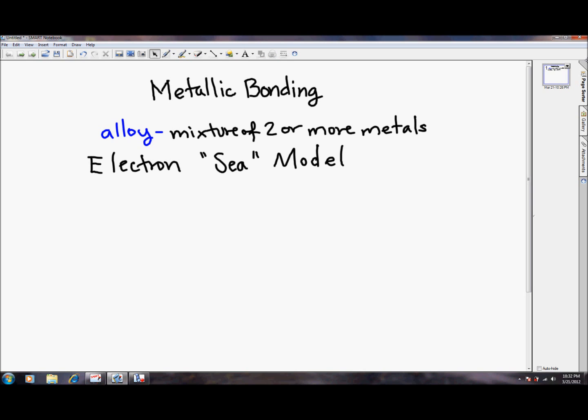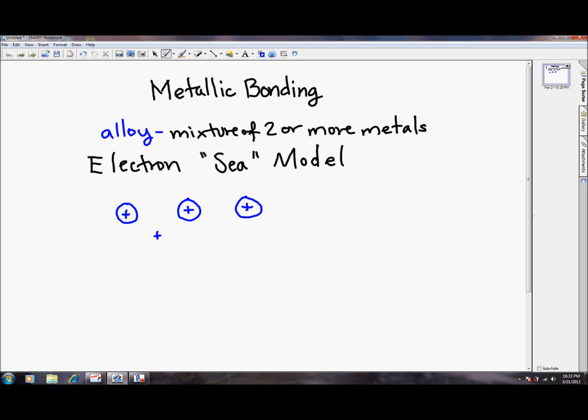As you'll see from the picture where the word sea comes from, picture, if you will, a situation where we have metal atoms, and I'll explain why they have a plus symbol momentarily, in some type of a fairly organized arrangement.